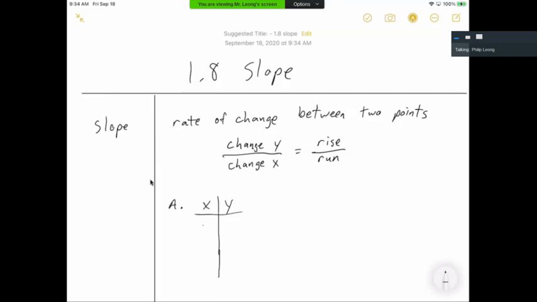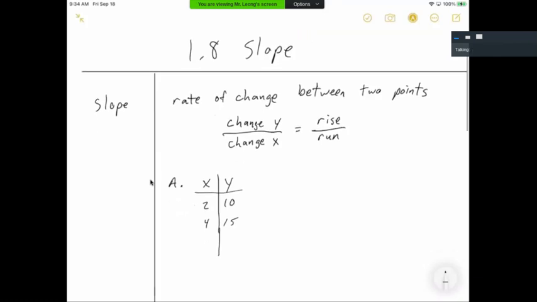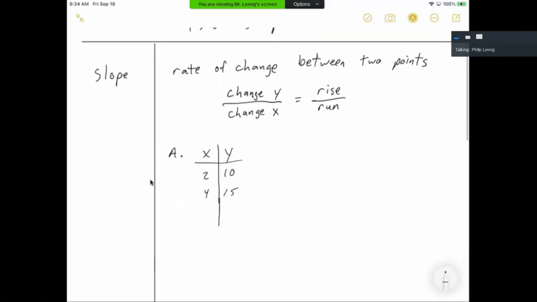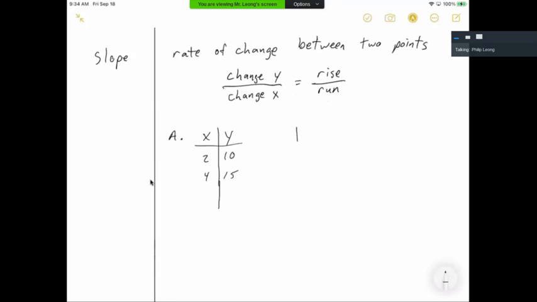So let's say, I'm just going to make some numbers here. Let's say 2, 10, and 4, 15. And then I'm going to draw a little graph here.